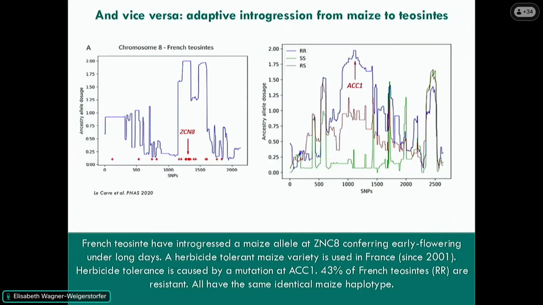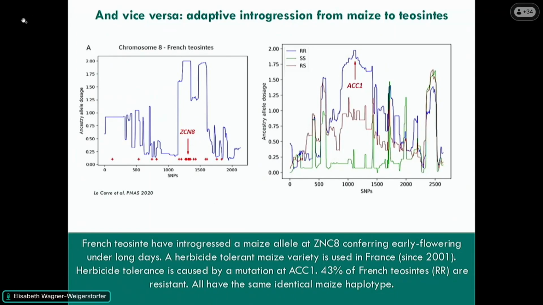And on top of this region corresponds to 2 allele dosage from maize. So the French teosanthes are fully maize in that region, meaning that the gene flow from maize to these teosanthes has facilitated their adaptation and their capacity of flowering under long days.